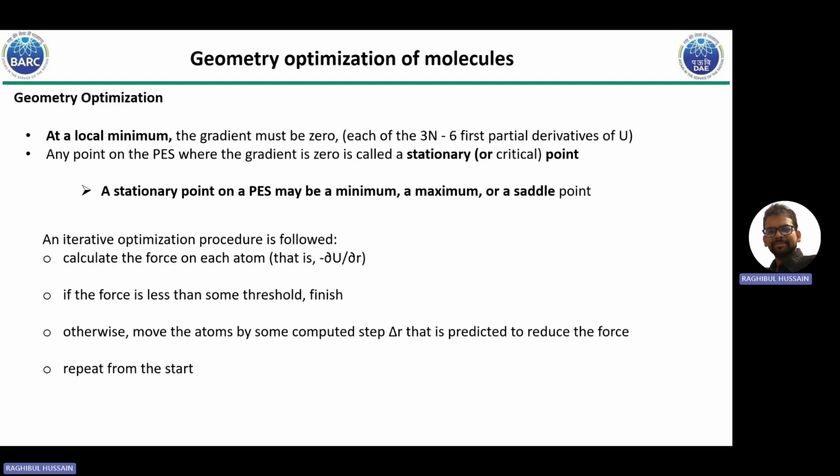And if you know the force constant, using the frequency equals 1 by 2 pi root over k by mu, we can calculate the frequency. So we can calculate the IR spectra of all the systems. If there is a single negative frequency, we call it a first order saddle point. If you have two negative frequencies, then we have a second order saddle point. And if your double derivative is positive, we say I have reached my equilibrium geometry. That is what I have written here.